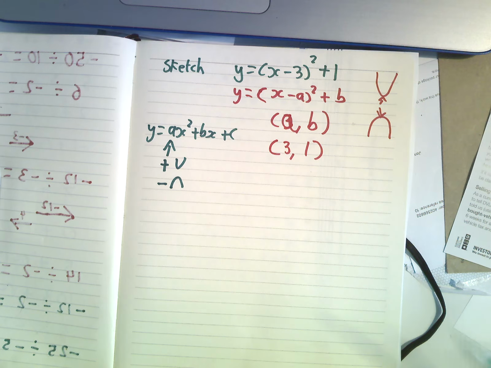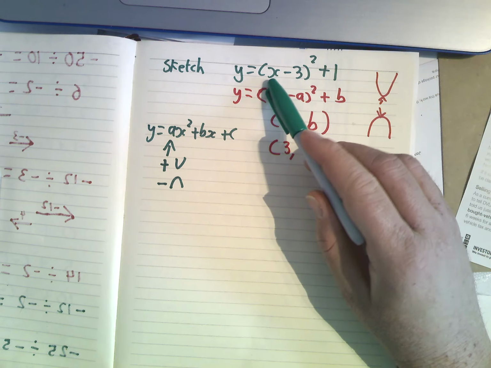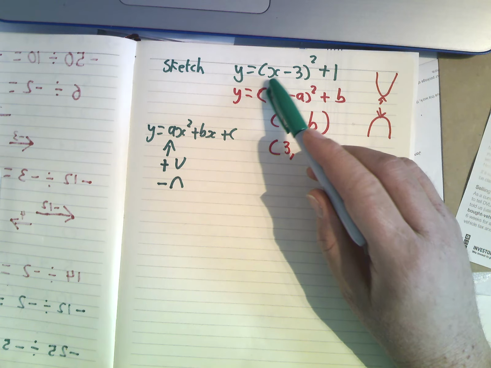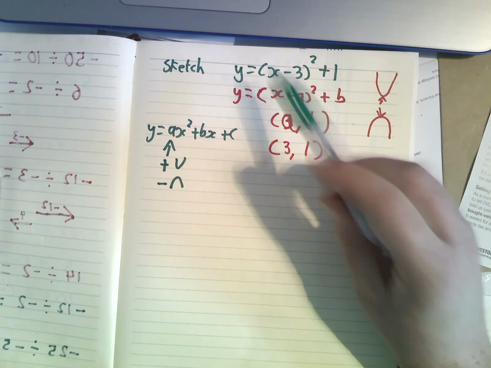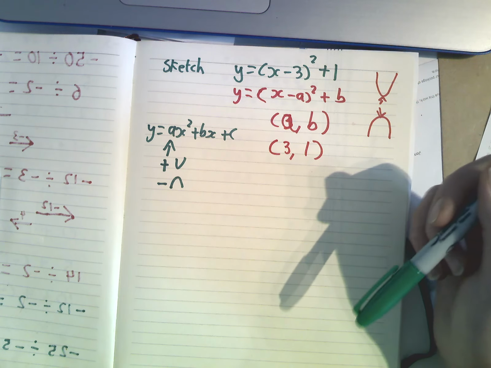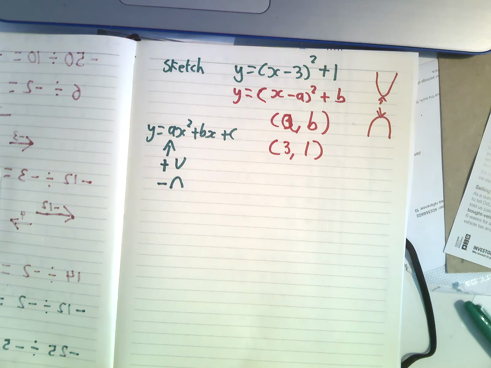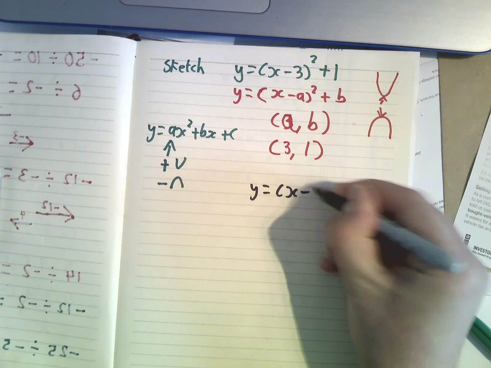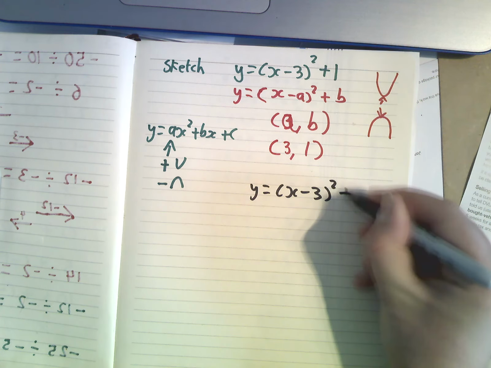Now, in this case, we can look at the question in front of us. If I was to expand this double bracket, what would my coefficient of x squared be once I've done x times x? Would it be positive or would it be negative? In fact, let's actually just do it. So let's expand this bracket. So I've got y equals (x minus 3) squared plus 1.